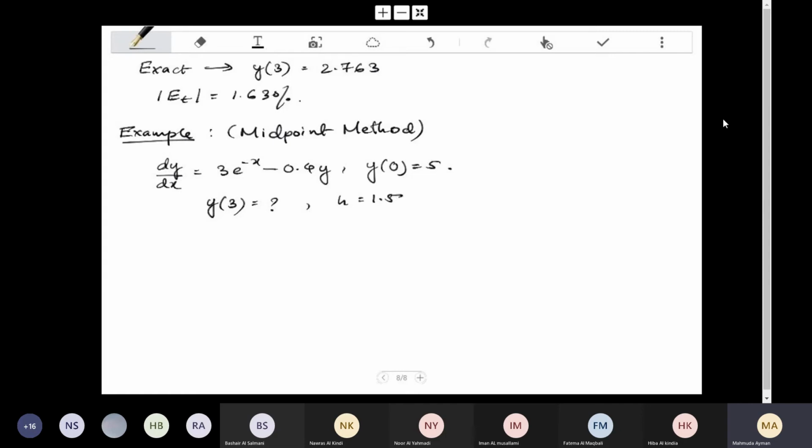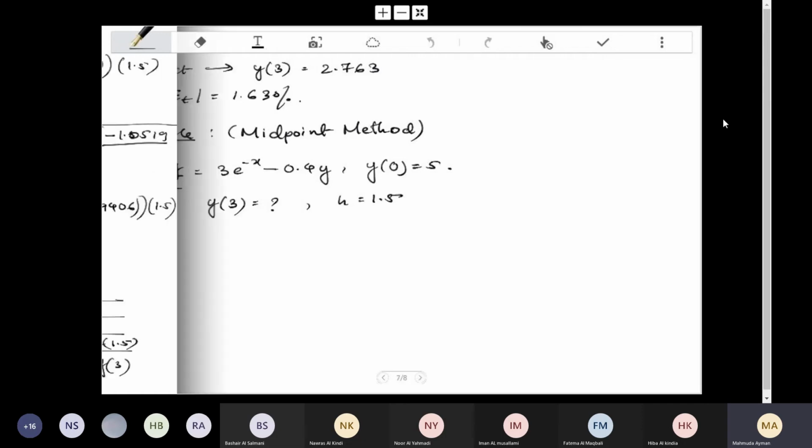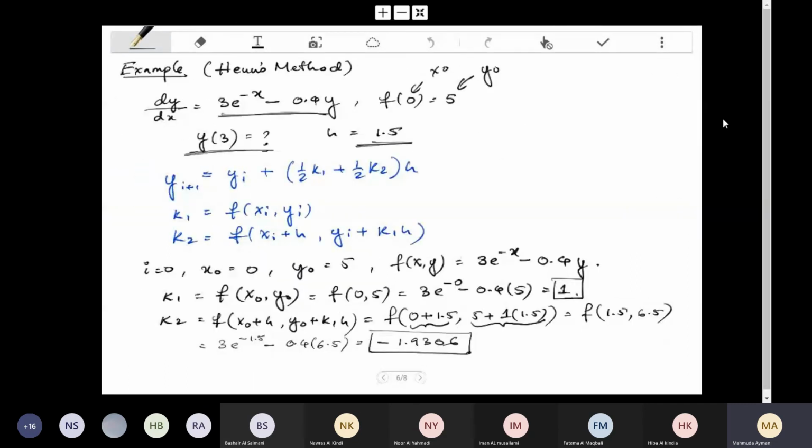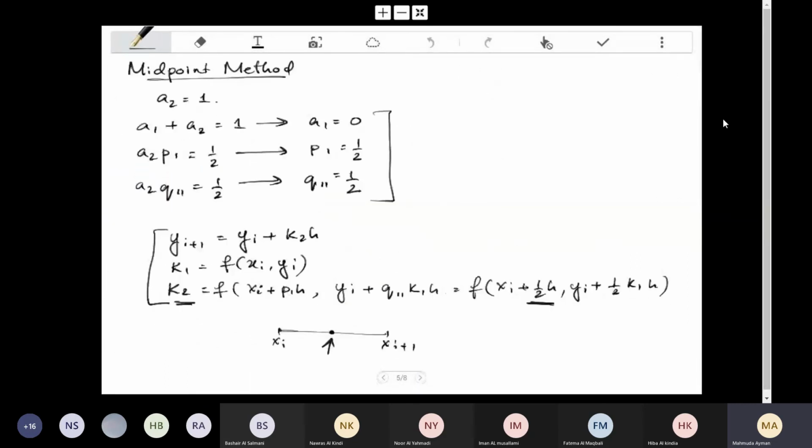Maybe first I should write down the formulas that we're going to use here for the midpoint rule.